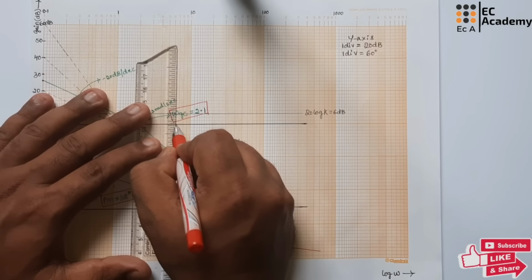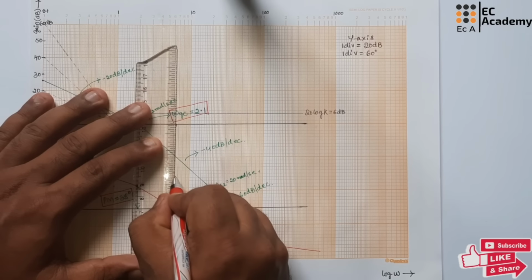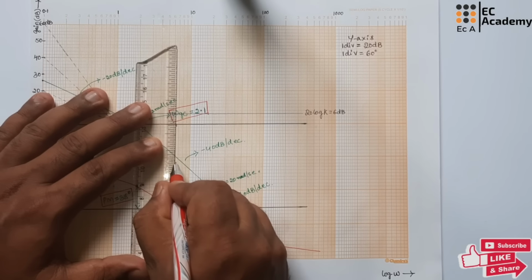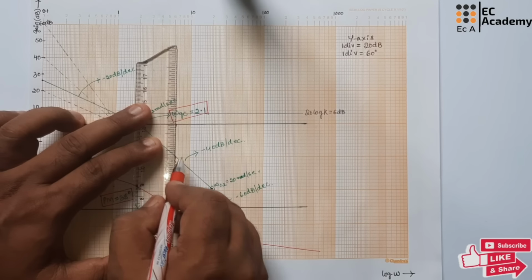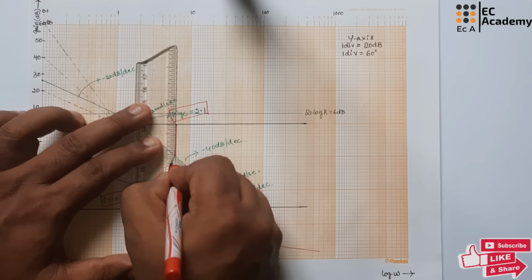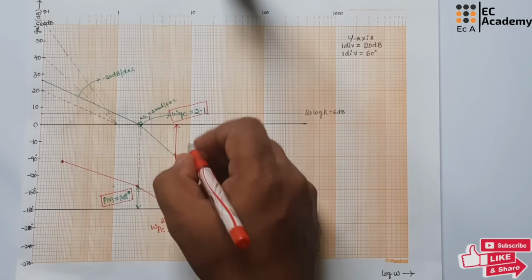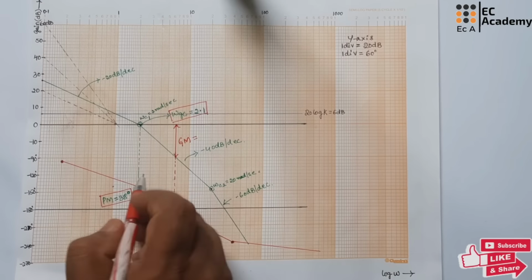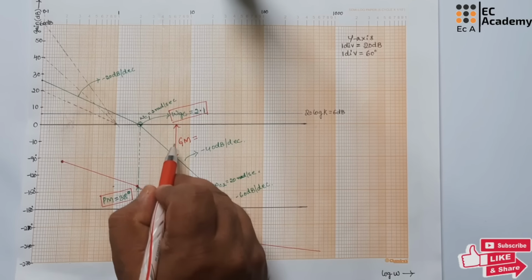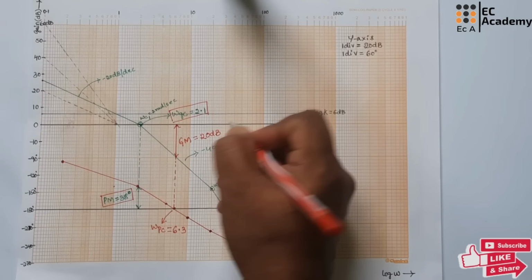So let us draw the straight line towards magnitude. So this line will intersect the magnitude plot, and this region where it intersects the magnitude plot, we call that as gain margin. And from this graph we got the gain margin as 20 dB.